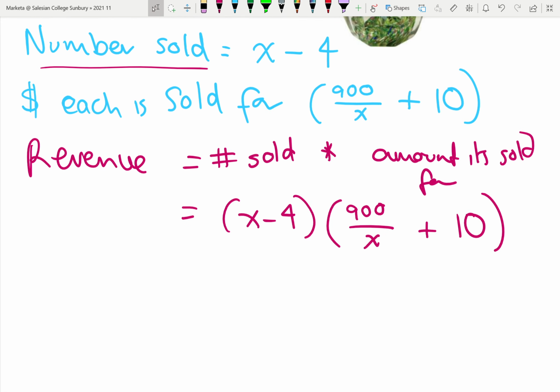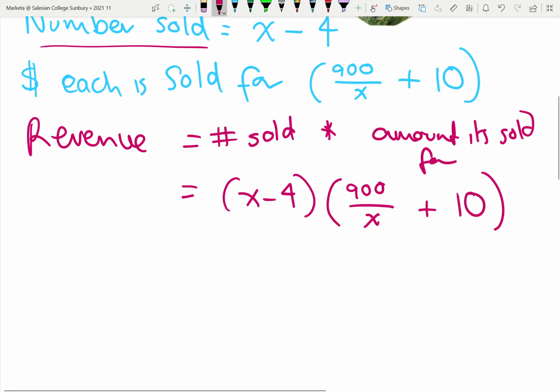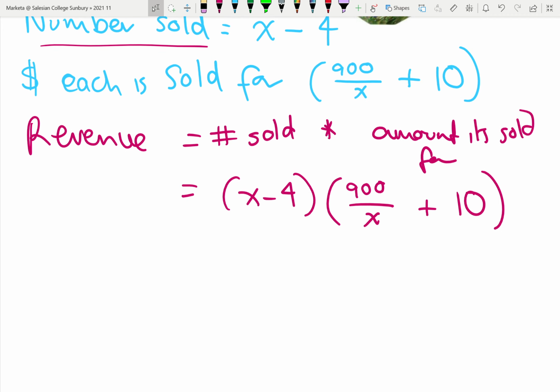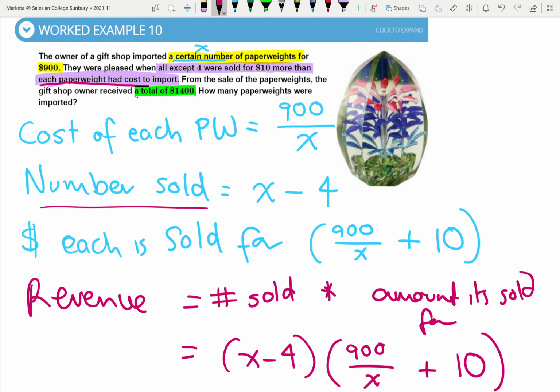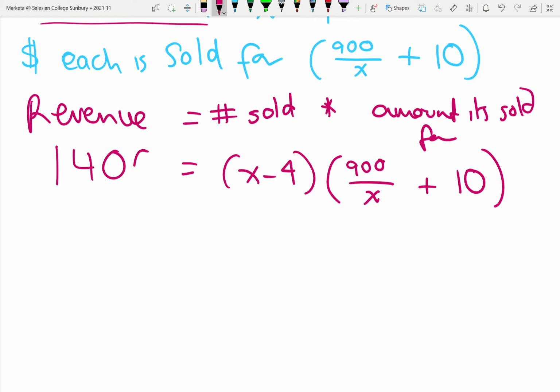We don't know how many we've bought, so we don't know the cost of each, but we're adding it to 10, so 900 over X plus 10. The amount of revenue gained is $1,400, so we can say 1,400 here.